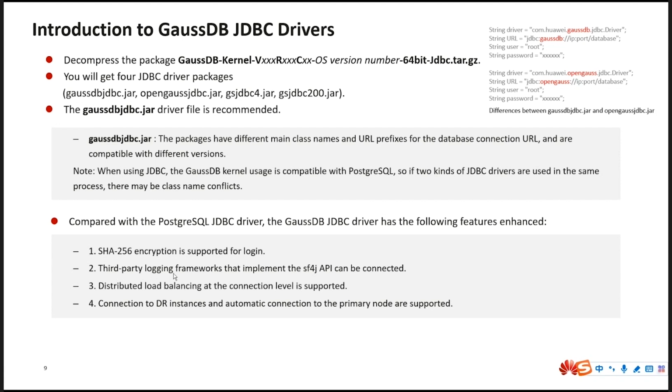The third-party logging framework can be connected, and we support distributed load balancing at the connection level, and you can connect to a disaster recovery instance, and our JDBC will automatically connect to the primary node if there is a disaster recovery instance.